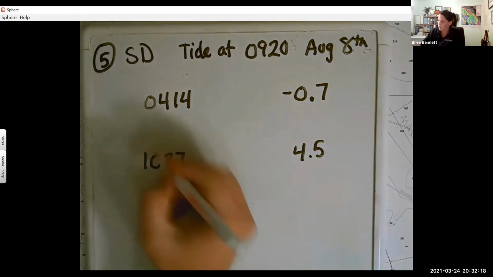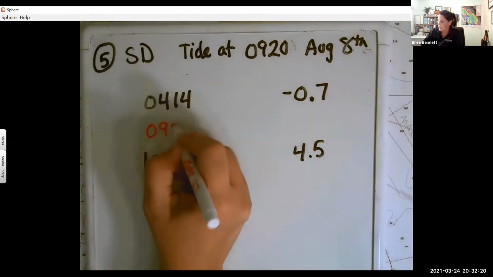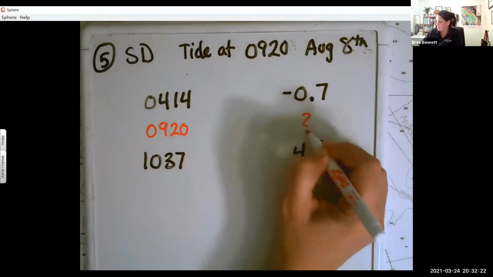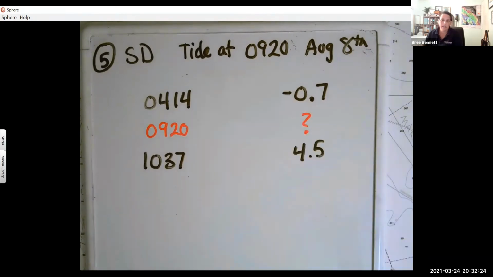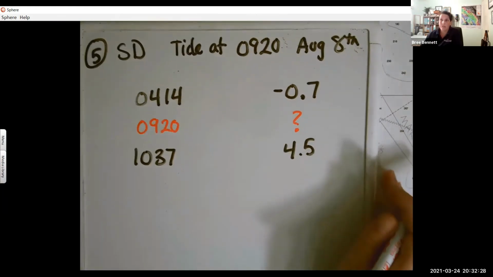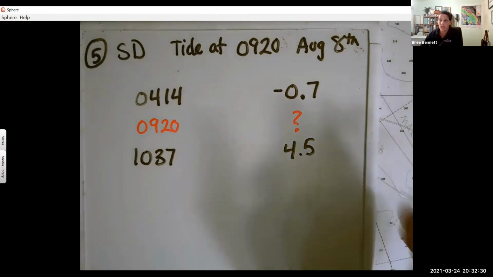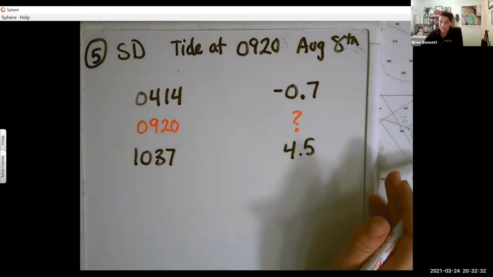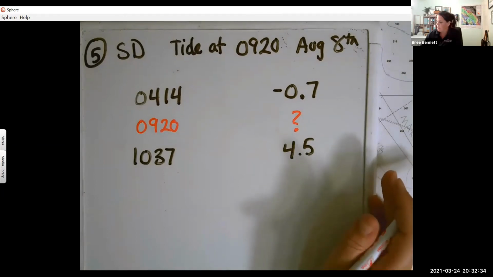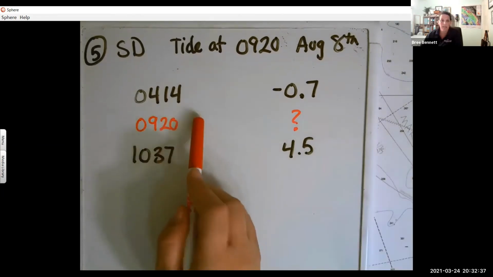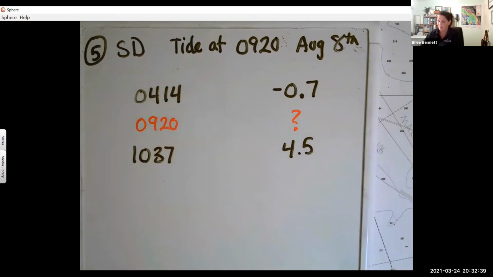And we want to know what's going on at 9:20. So maybe 9:20 is when we're pulling our lines, or that's when we've anticipated crossing the bar, or whatever. I don't know what it is. But we want to know specifically, what is the tide at 9:20?